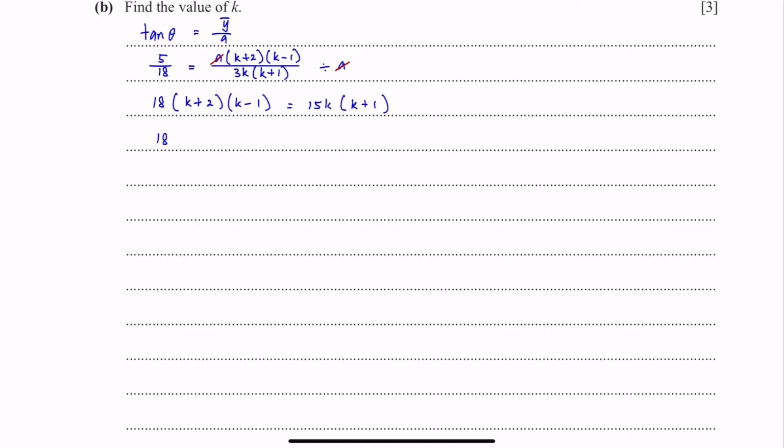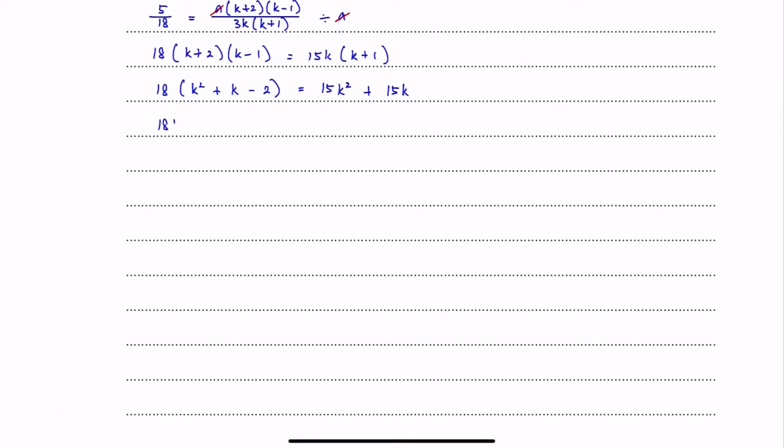Now we have 18 times k squared plus k minus 2 equals 15k squared plus 15k. So this would be 18k squared plus 18k minus 36 equals 15k squared plus 15k.